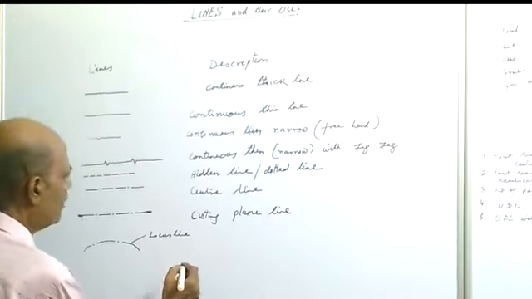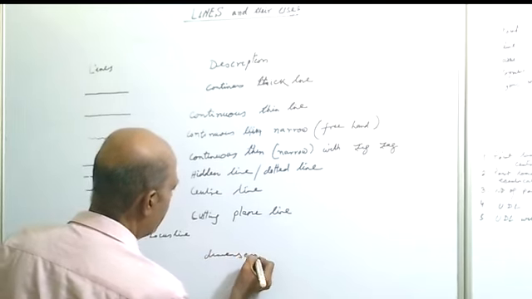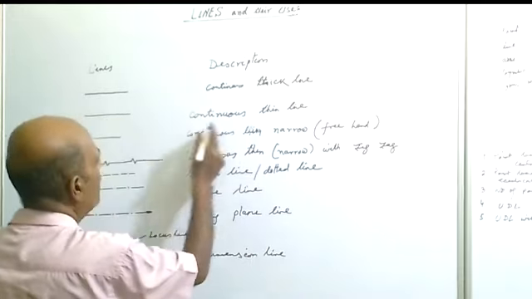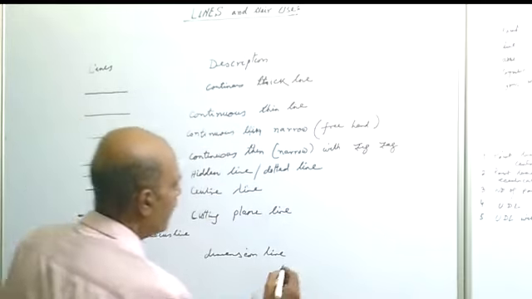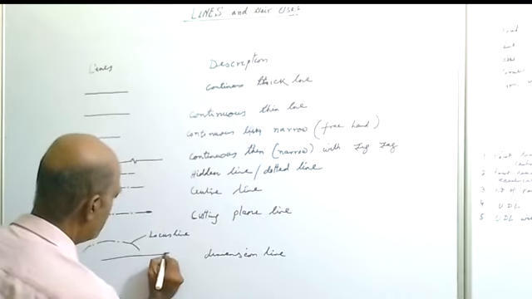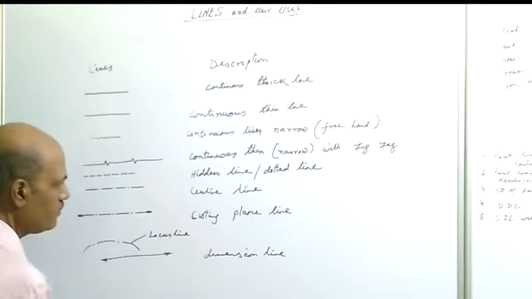Also we can show the dimension line. The dimension line is actually a continuous thin line, but at the end there is an arrowhead.